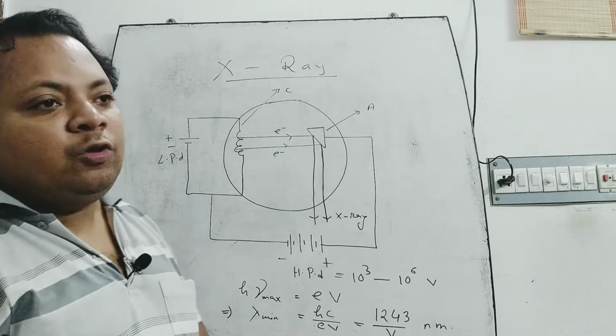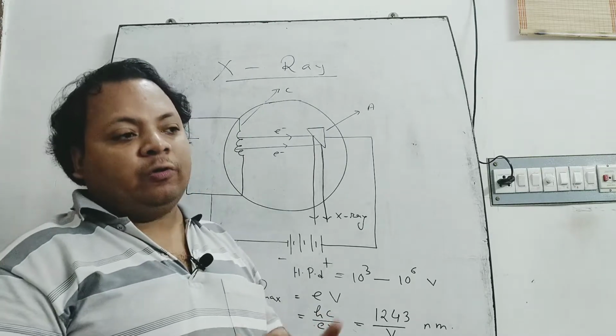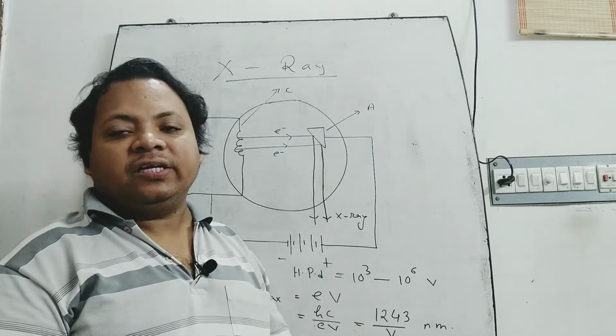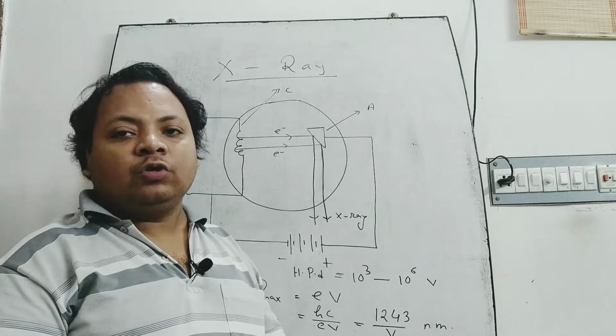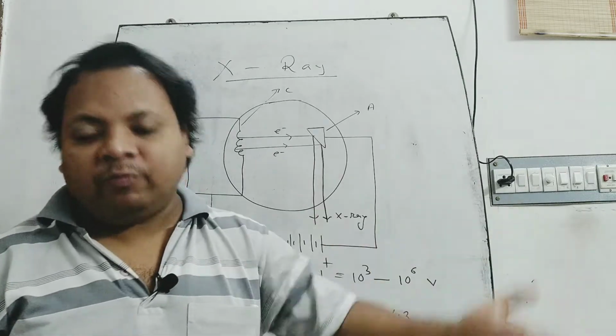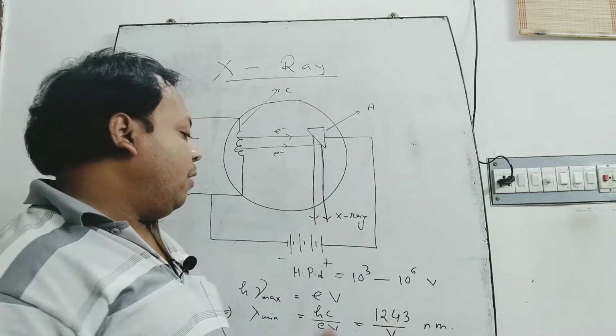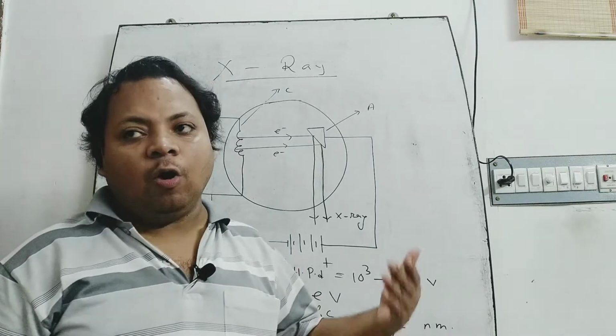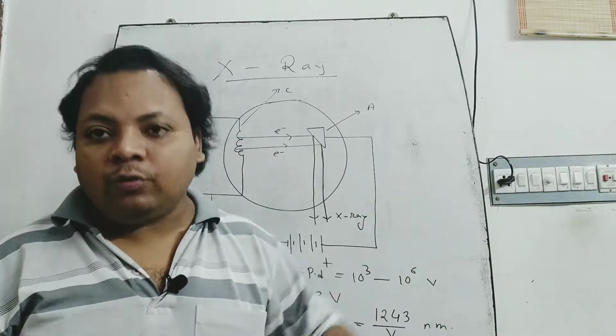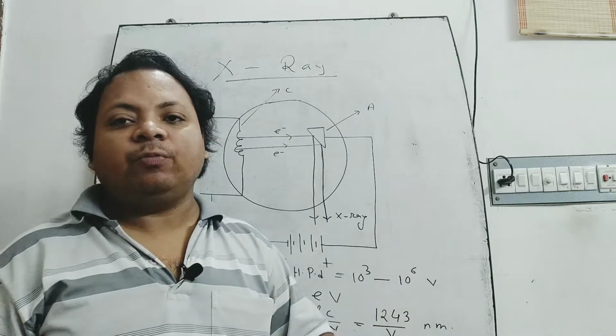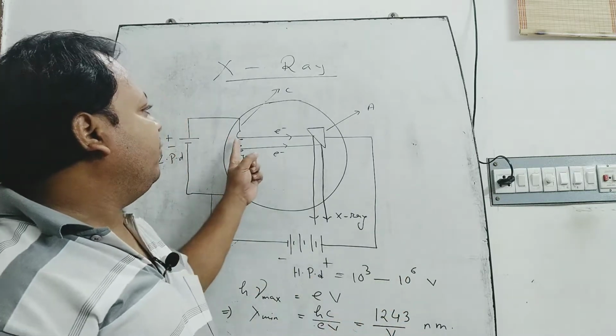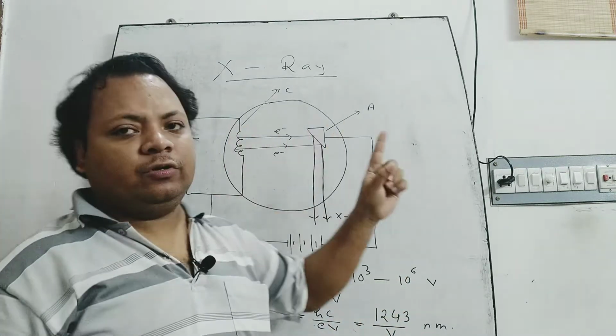You know the energy of a photon particle is directly proportional to its frequency. Therefore, the maximum frequency of the photon is directly proportional to the potential difference between the cathode and anode.